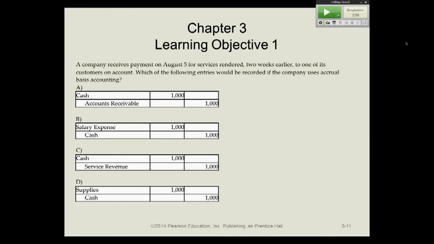When you collect, if it's the cash basis, you debit cash for 1,000 and you credit service revenue. But here, under accrual, you would debit cash and you credit accounts receivable.